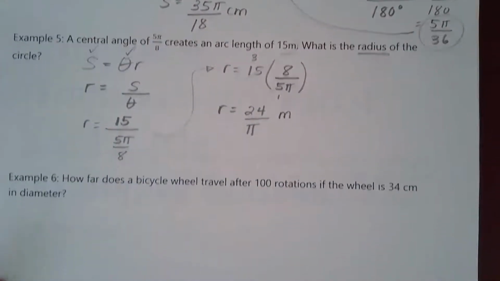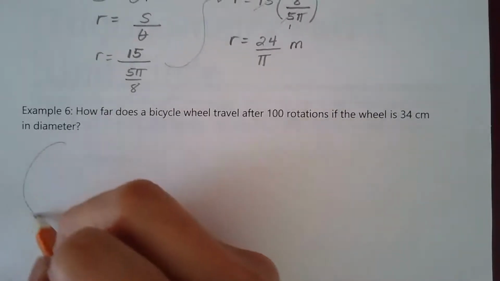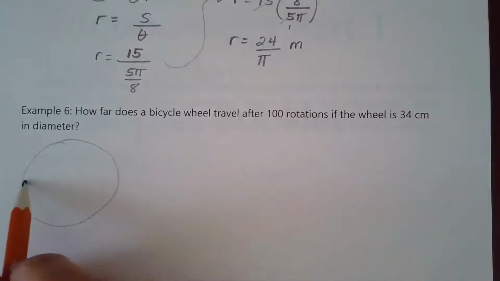Okay. Let's take a look at example number 6. How far does a bicycle wheel travel after 100 rotations if the wheel is 34 centimeters in diameter? Oh, that's really interesting because here this is the wheel, and this is the diameter of the wheel.